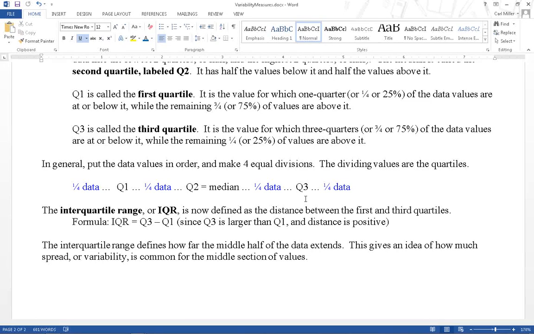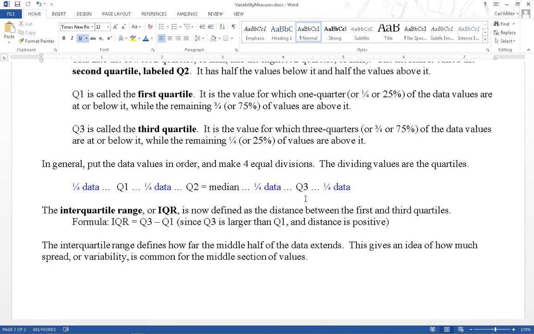So it gives you a measure excluding possible extreme values, outliers or tails of distributions, but it just looks at the middle 50% of values and says how spread out is the middle half of the data values. So the interquartile range defines just how far that middle half of the data extends. How spread out is it?